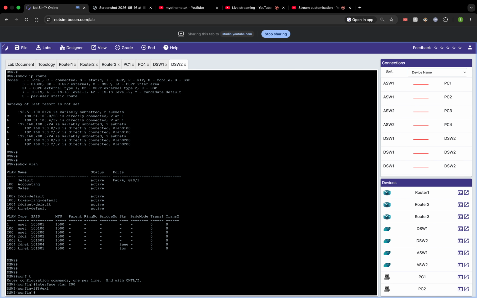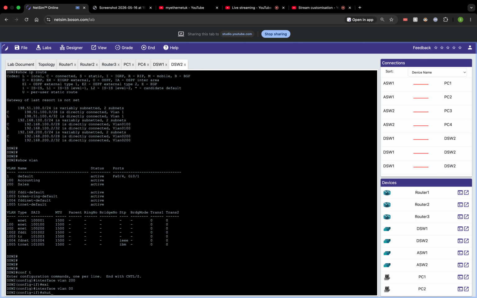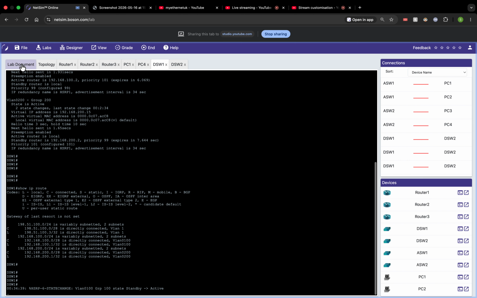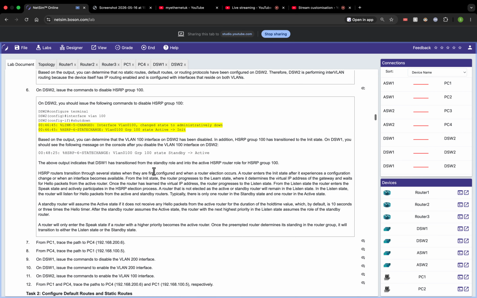DSW1 was configured with the higher priority for group 200, so it was active for that group, while DSW2 was active for group 100. If you shut down the interface on DSW2, that will make DSW1 the active router for both groups.